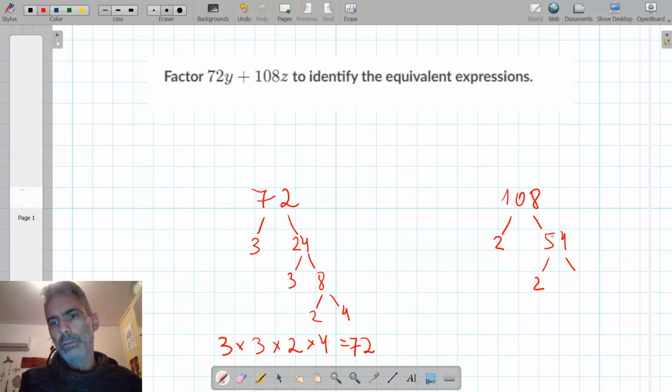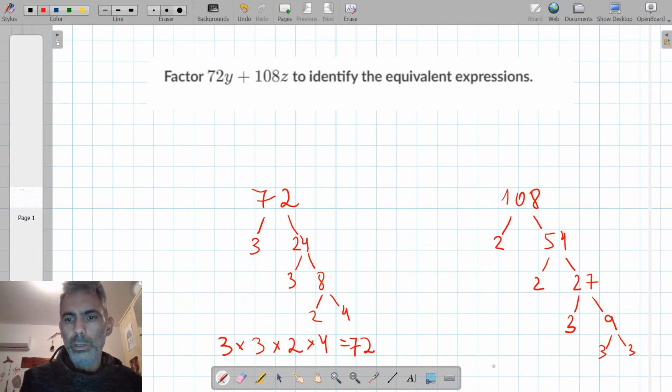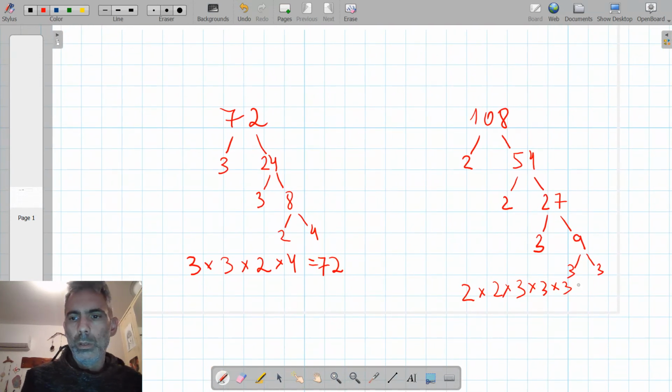27, right? Half of 54 is 27, so 2 times 27, and this is 3 times 9, and this is 3 times 3. So here we have 2 times 2 times 3 times 3 times 3, right? 2 times 2 is here, 3 times 3 times 3 is here. Okay, so this is 108.